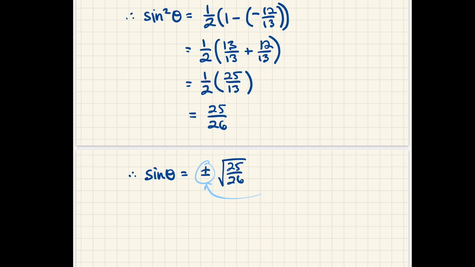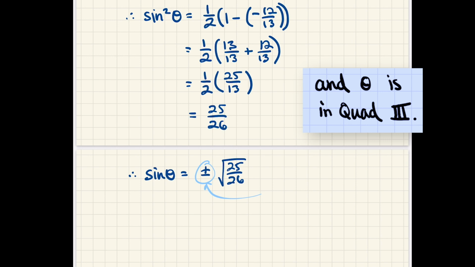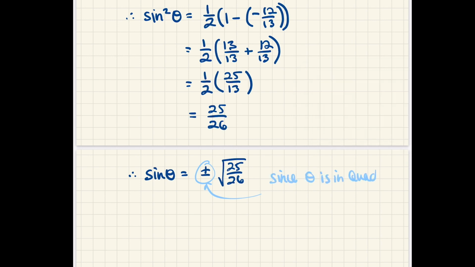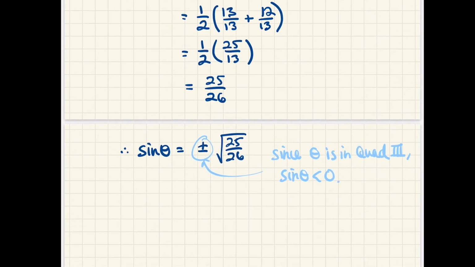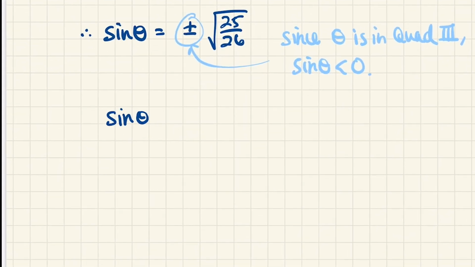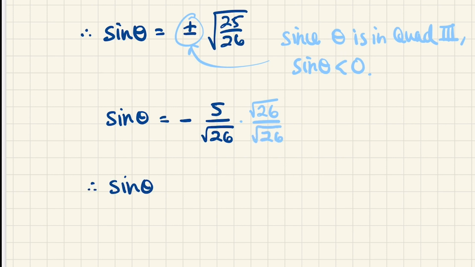And we were told that theta's in quadrant 3, so therefore sine of theta is negative. So we're going to go with the negative there. And distributing the radical into the quotient, we have the square root of 25, which is 5, over the square root of 26. But this needs to be rationalized, of course. So here we're going to get our final answer. Negative 5 rad 26 over 26.